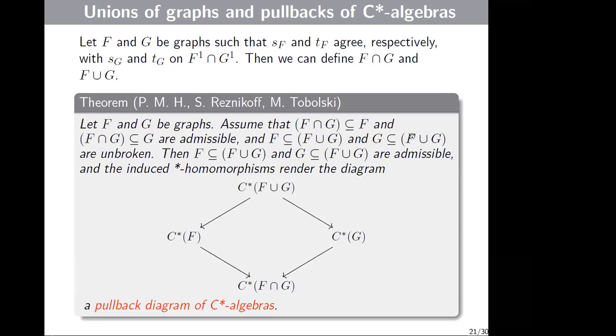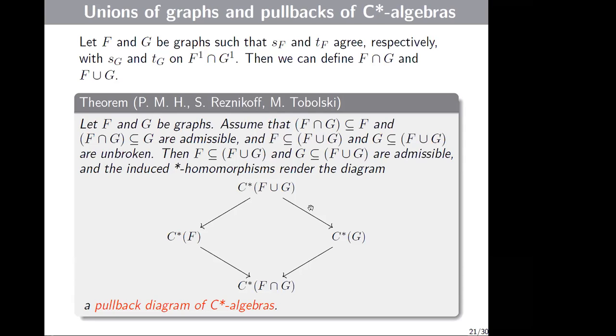It should be easy. Anyway, we assume it to make sure the theorem is true. And then the first part of the theorem tells me, aha, both of these inclusions are admissible. So I have this canonical star homomorphism between C-star algebras, which are canonical quotient maps, which are surjective. They exist, okay? And moreover, they render the diagram a pullback diagram of C-star algebras.